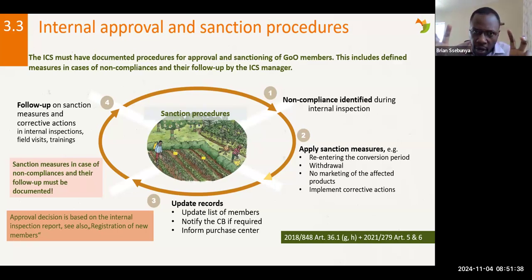And then there is a follow-up, again on that same side, and a sign-off to ensure that they follow up. That one is not indicated here, but there has to be an internal sanction form that you use, which details the sanctions as well as the corrective action.